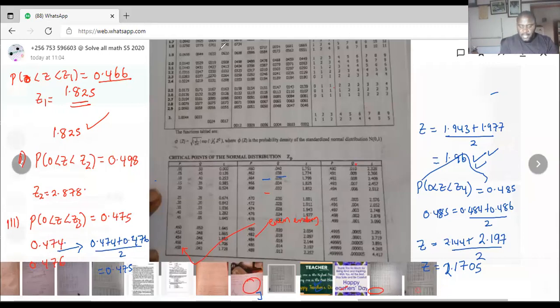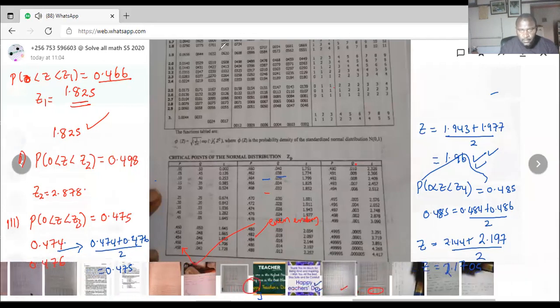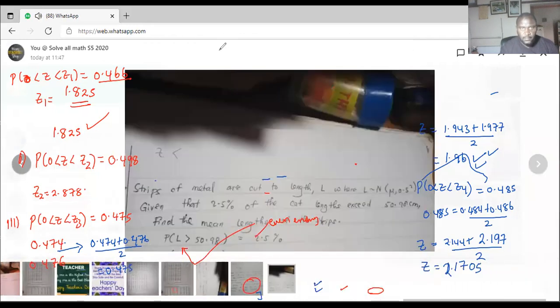Okay, guys, switch now. We are going to an example. A word problem, and we see the application of what we have been learning. The first example is here.